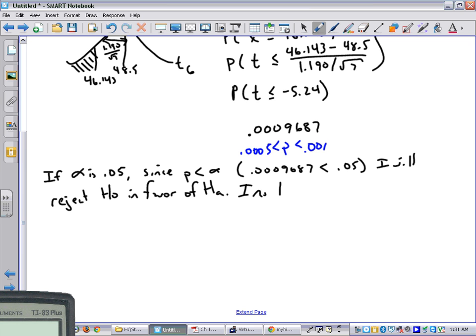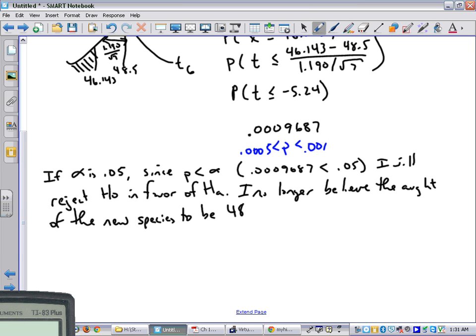I no longer believe the average height of the new species to be 48.5 centimeters, but in fact something less.